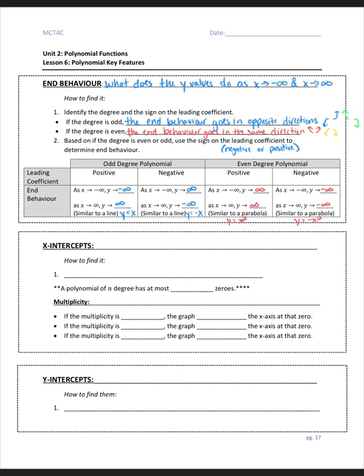Okay? So another key feature that we can look at is our x-intercepts, which we've been able to find when we're looking at linear functions or quadratic functions. So remember that your x-intercepts are your points where the function crosses the x-axis.